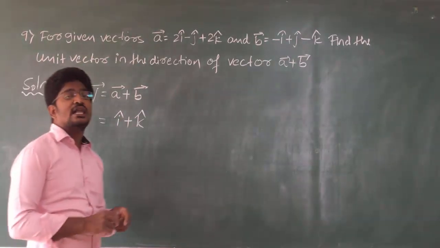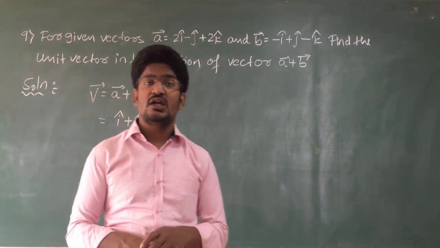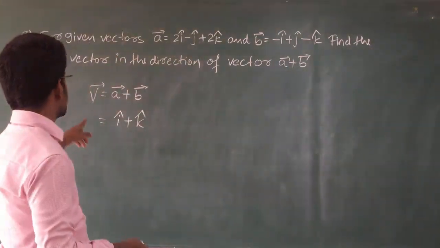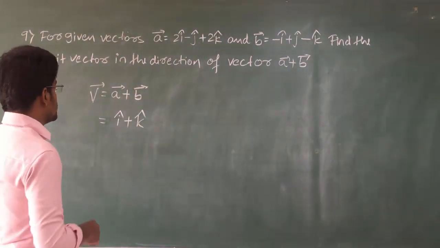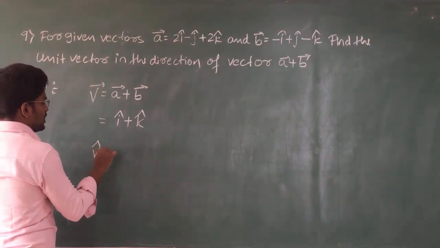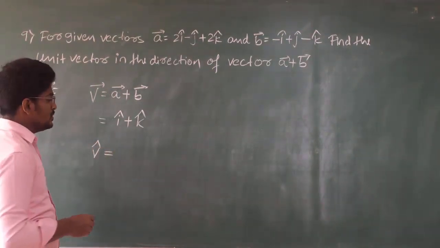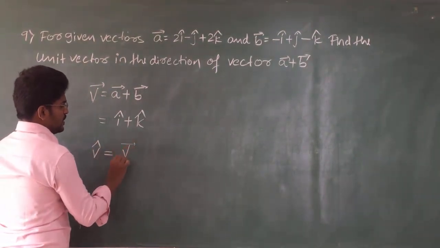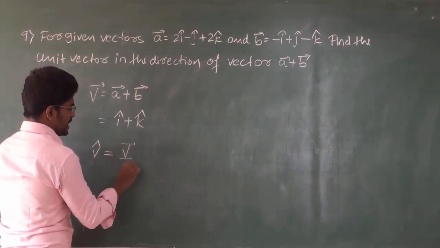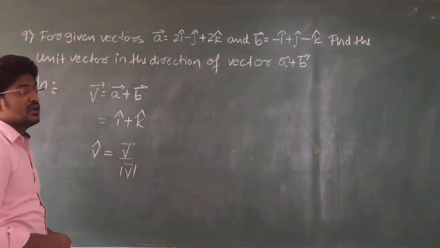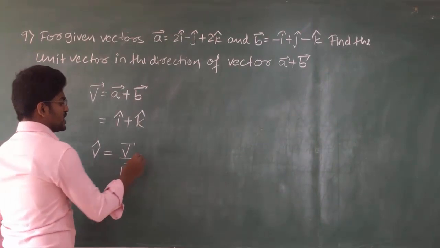Now we have to calculate the unit vector in the direction of vector V. So that is V cap equal to vector V divided by magnitude of vector V. What is vector V?